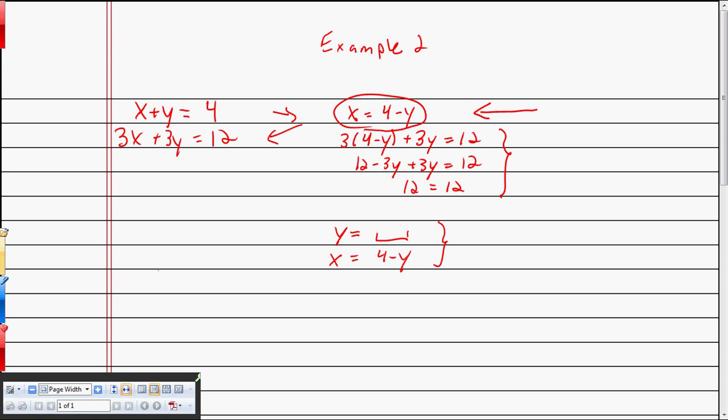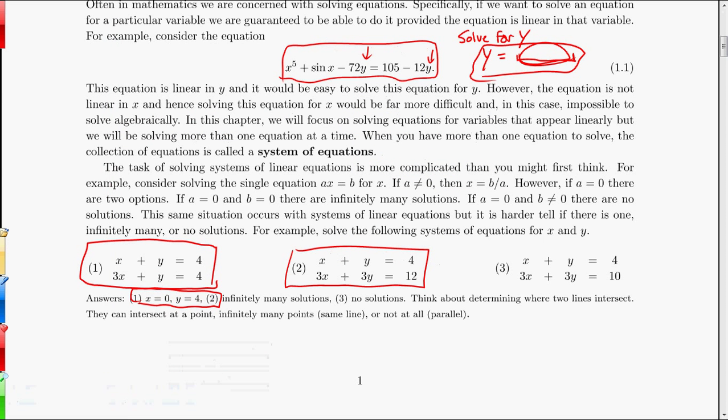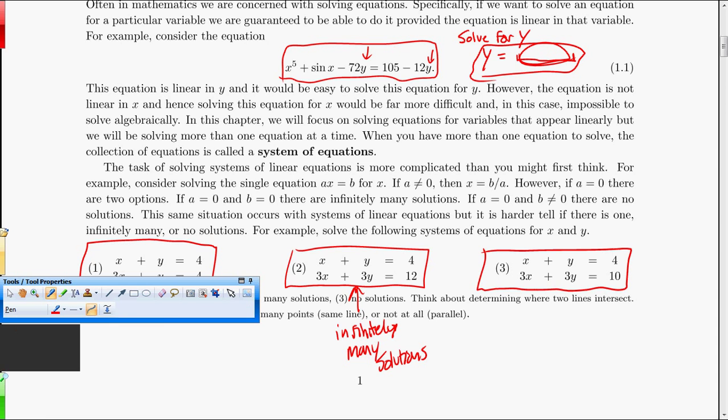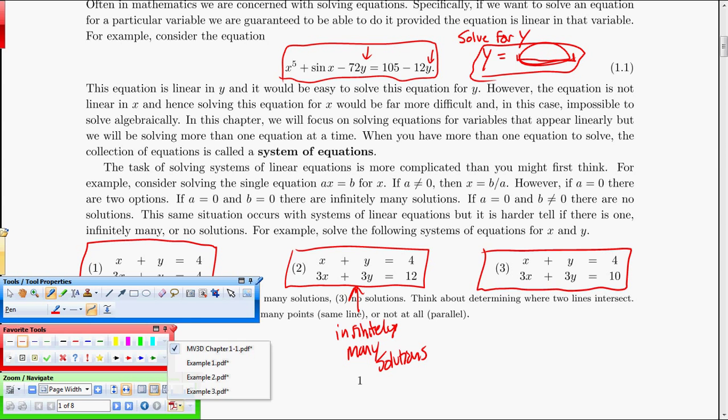All right, so we go back to our 3 examples. This particular system of equations has infinitely many solutions. All right, so let's take a look at our third example here. I have that on this page right here, example 3.